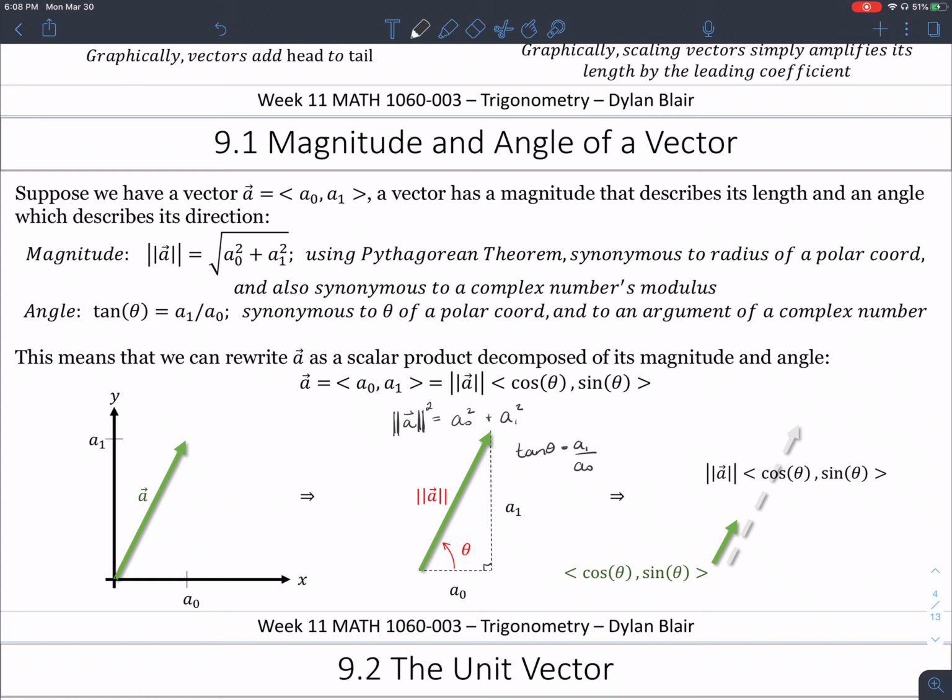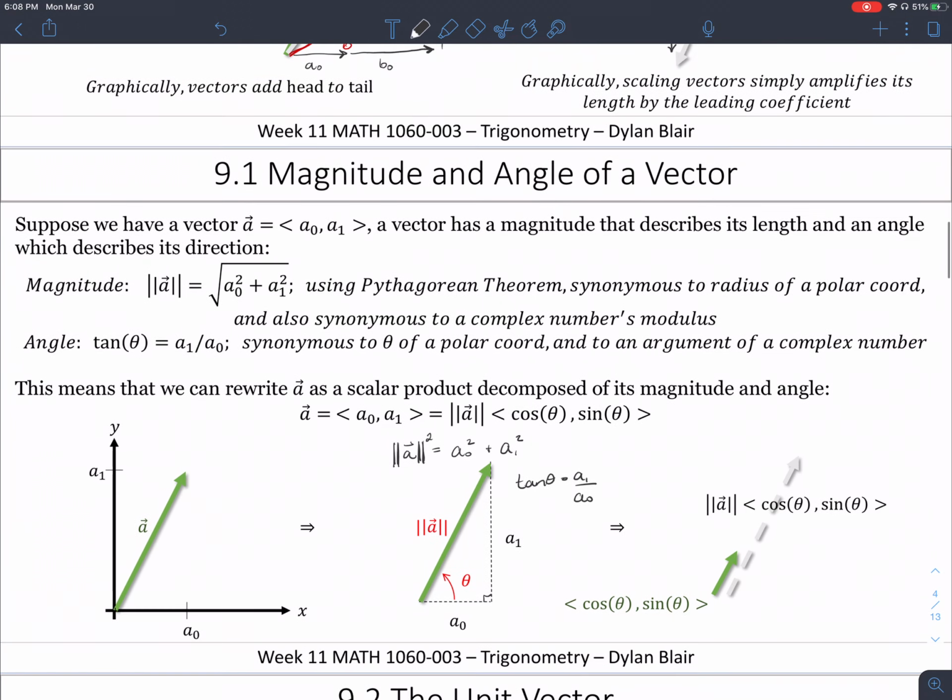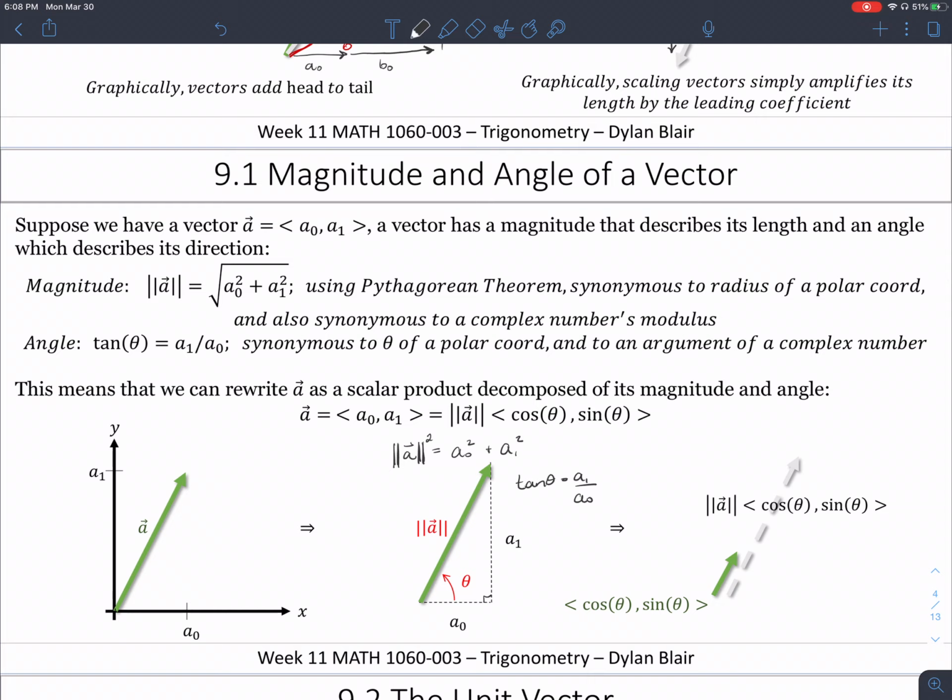Okay. Now what this means is that we can rewrite and decompose our vector A to its magnitude that's scaling some vector composed of angles. So what we can think of is this cosine theta, sine theta. Okay, so we're going to consider a smaller triangle.